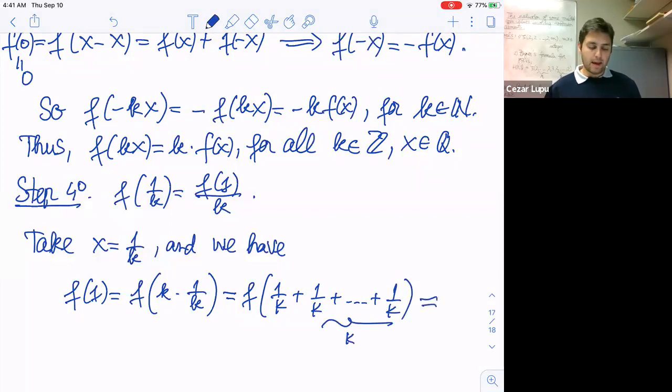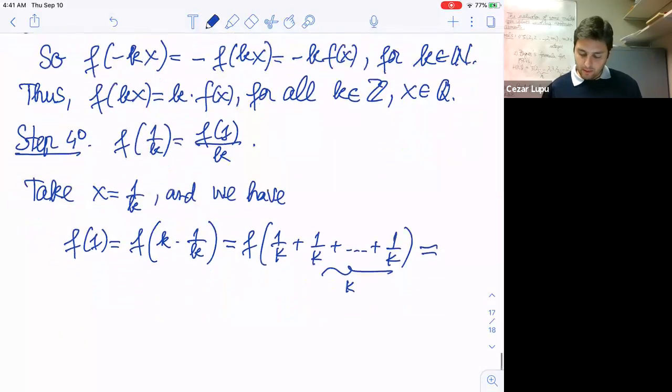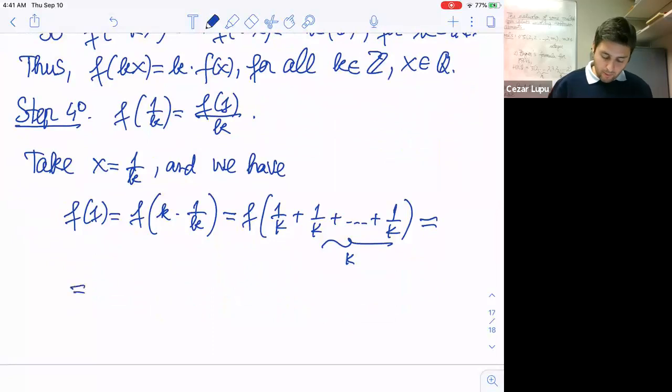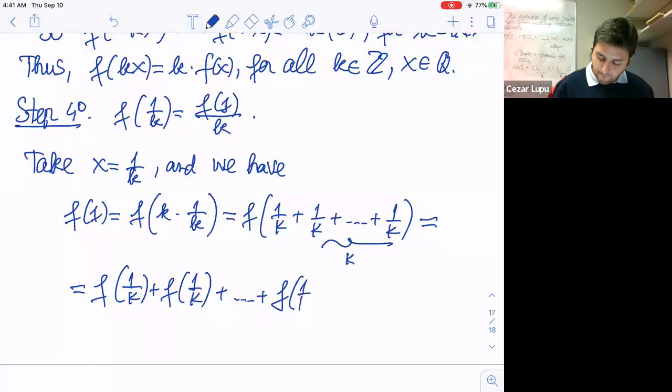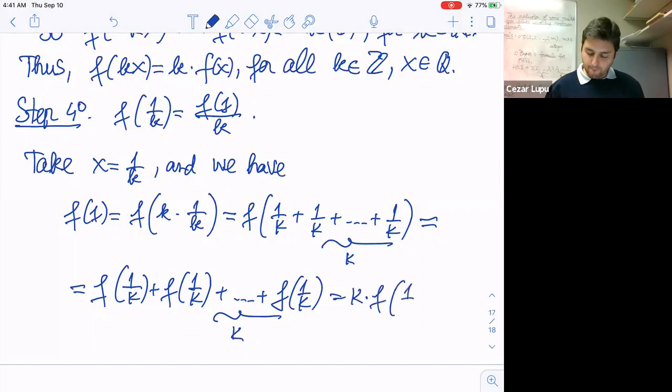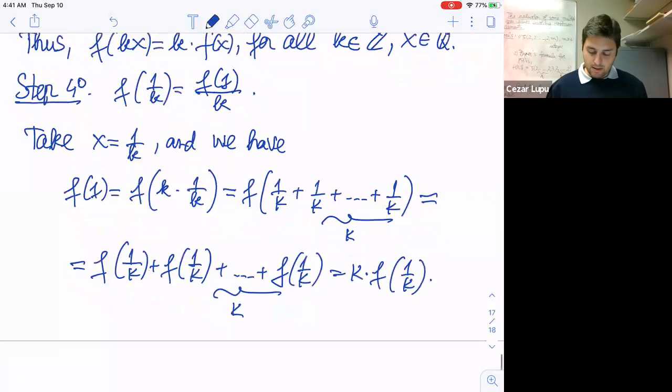And this will be equal to f of 1 over k plus f of 1 over k plus f of 1 over k, which is k times f of 1 over k. And clearly now this follows immediately.